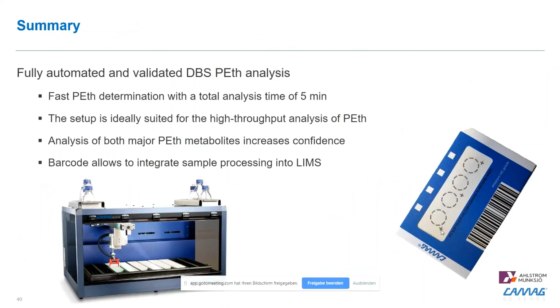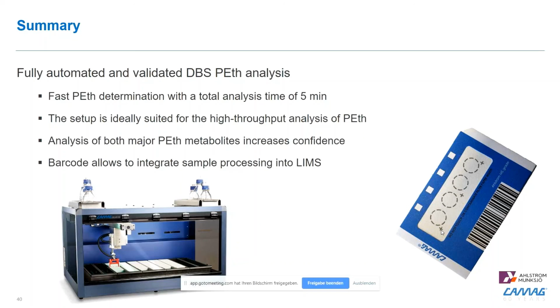To summarize, what I just presented was a fully automated method for the DBS PEth analysis. The presented analysis allows you to determine phosphatidylethanol 16:0/18:1 and 16:0/18:2 with a total analysis time of about 5 minutes. The setup here is ideally suited for the high throughput analysis of phosphatidylethanol. Within the machine, you can load 500 cards, which can be up to 2,000 samples.